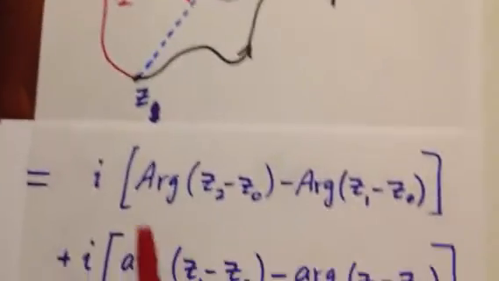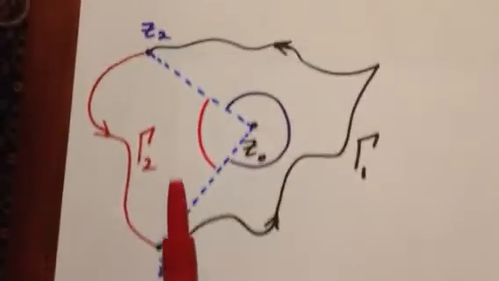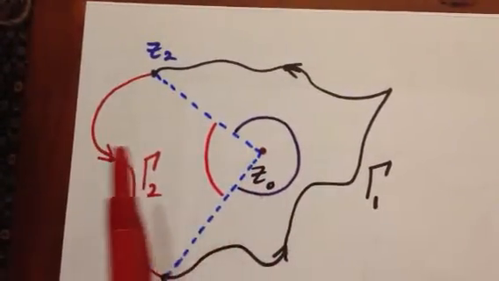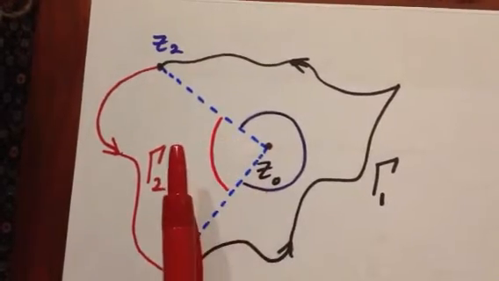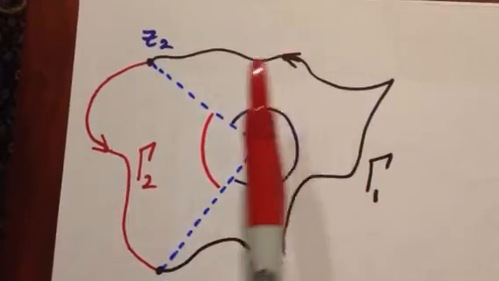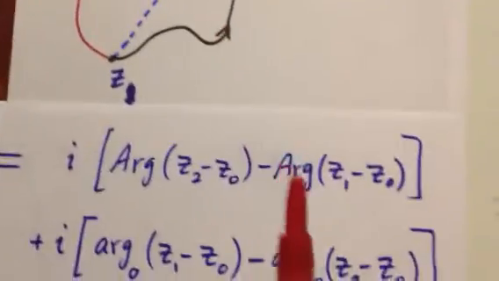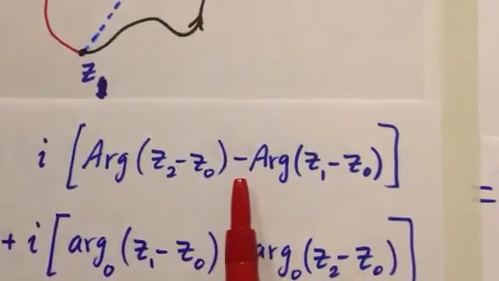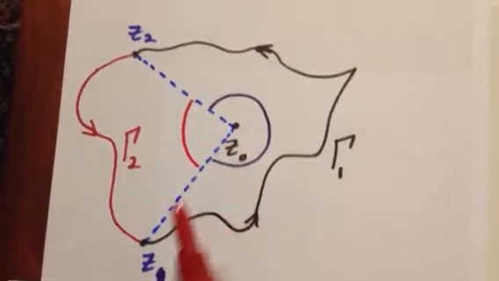for principal argument of z2 minus z0 is from this line, the negative x-axis, going all the way around to this, whatever that is. And then minus principal argument of z1 minus z0, that would be this one.